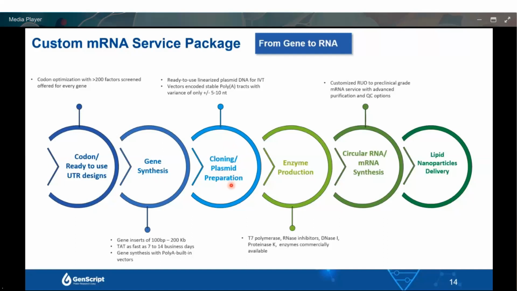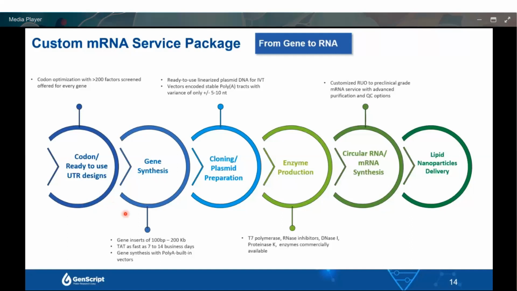In the meantime, we also provide some mRNA production related enzymes. After linearization of the plasmid, we provide IVT mRNA synthesis and also circular mRNA. And the last step is the lipid nanoparticle package.